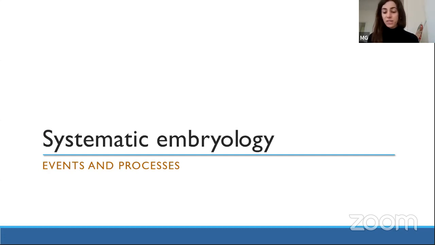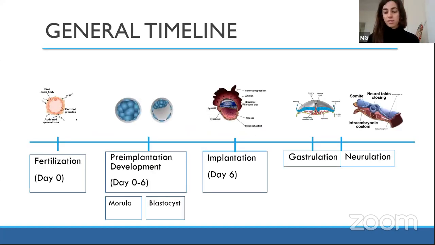We're going to see the different events and processes. So this is the general timeline: fertilization on day 0, pre-implantation development from day 0 to day 6, implantation around day 6, and then gastrulation and neurulation.